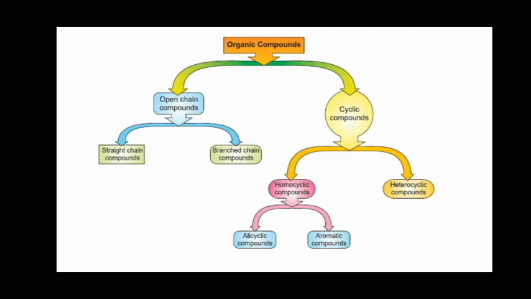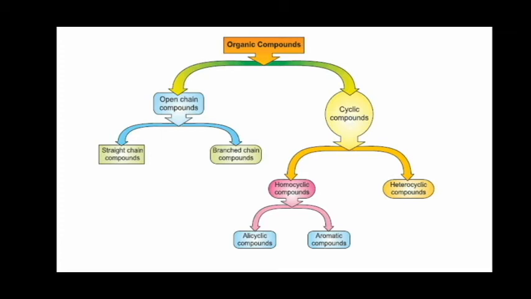Organic compounds have been classified mainly as acyclic open chain compounds, then followed by cyclic compounds. So if you see the classification here, it has been given like this. In open chain, it has been divided further into straight chain compounds, then followed by branched chain compounds.